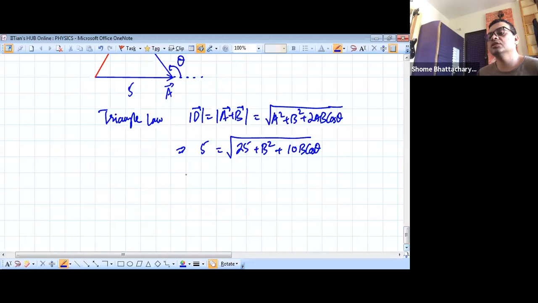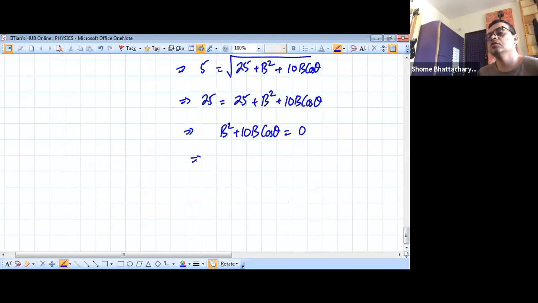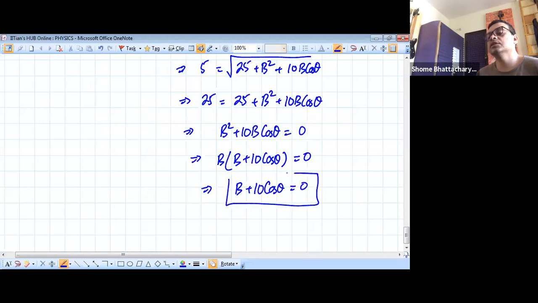Or if we square both the sides, we get 25 is equal to 25 plus B square plus 10B cos theta. So we can say that B square plus 10B cos theta is equal to 0. So obviously B plus 10 cos theta is equal to 0. So this becomes our third equation.